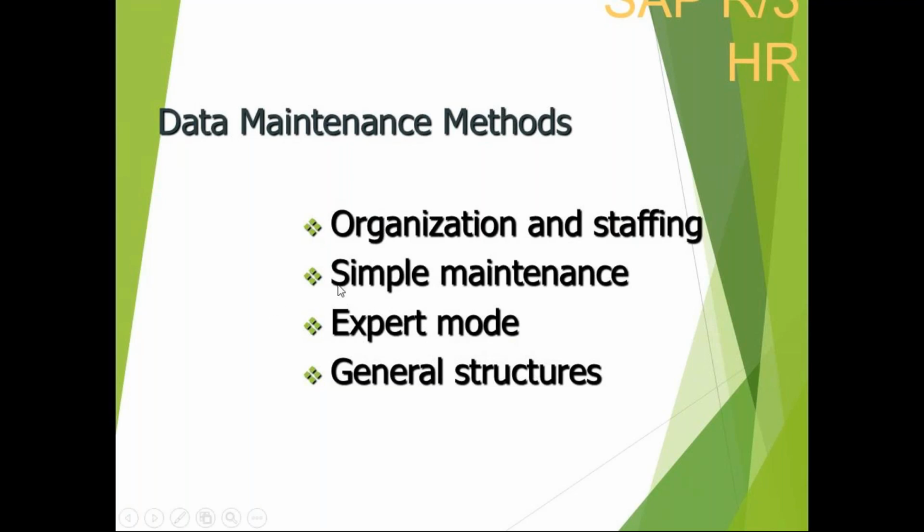Many companies create it with simple maintenance. At the second level, you create the positions under the organization and staffing method. You can also create them separately by using info types, in the expert mode and also the general structure. These are the areas where you can create your data, that is, the company structure, right?